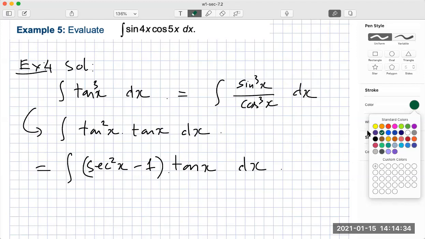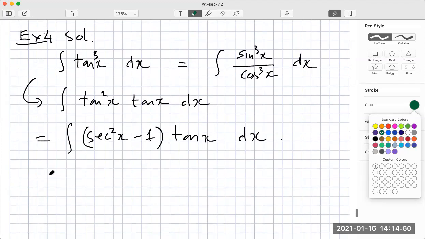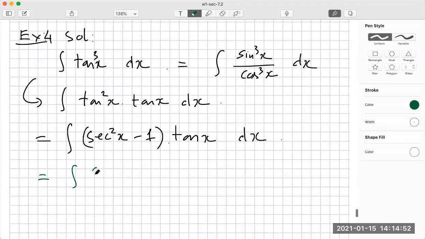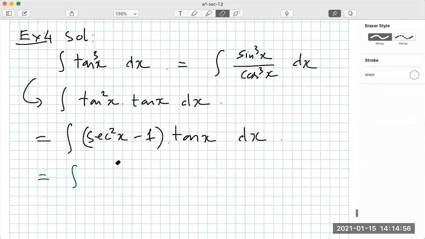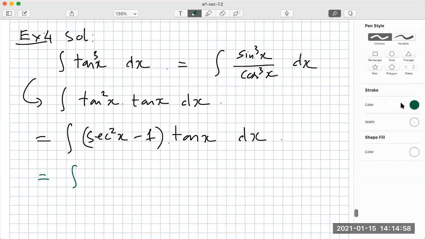Yeah, just, thank you. What is your name again? Amber, thank you, Amber. So we distribute it in one. So when we distribute it, it will be secant squared x tan x, right?